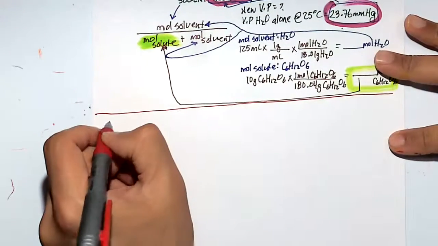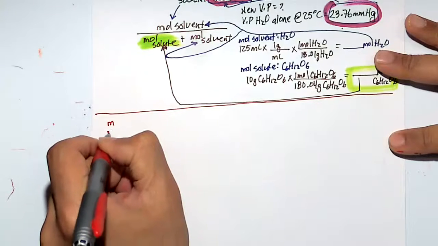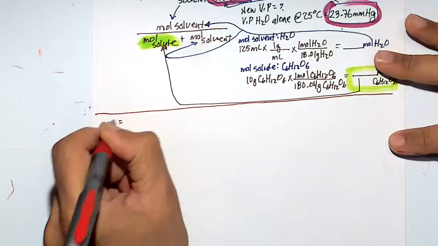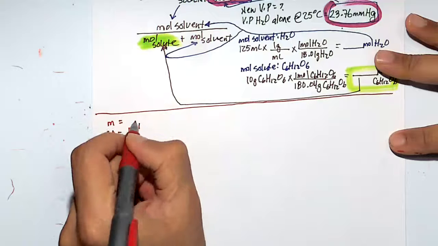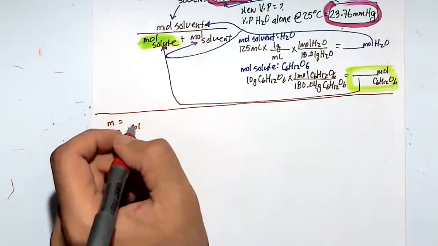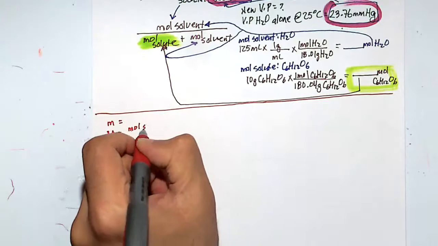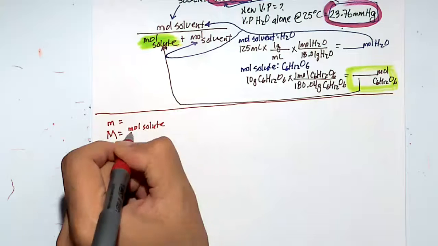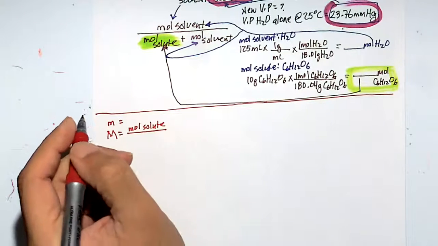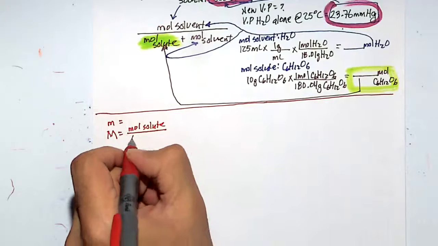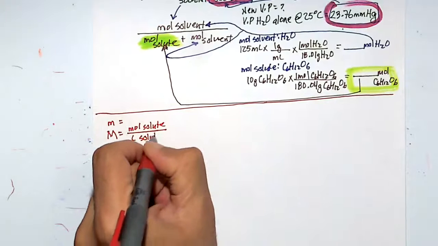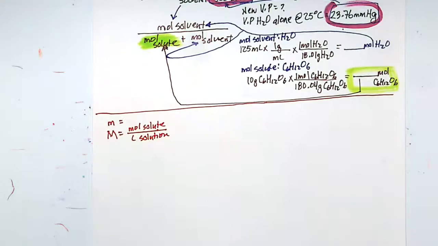So what are the units of small m? What are the units of big M? Big M is molarity, so moles of what over what? Big M molarity is moles of solute over liter of solution. What is the small m?